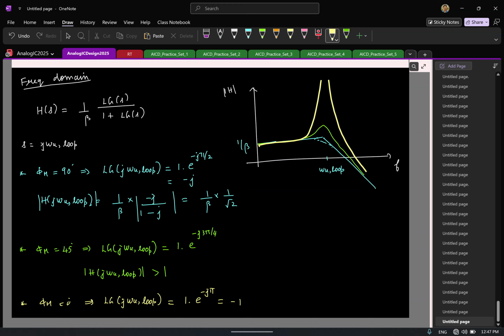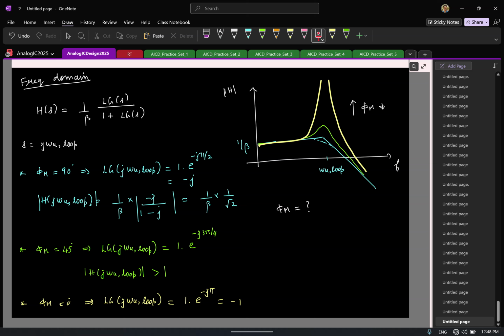So which means if I keep reducing my phase margin, this is what will happen. I'll have more and more peaking in my closed loop transfer function. So another way to decide what phase margin you might want is to choose a particular value of phase margin wherein I don't see any peaking in my closed loop transfer function.